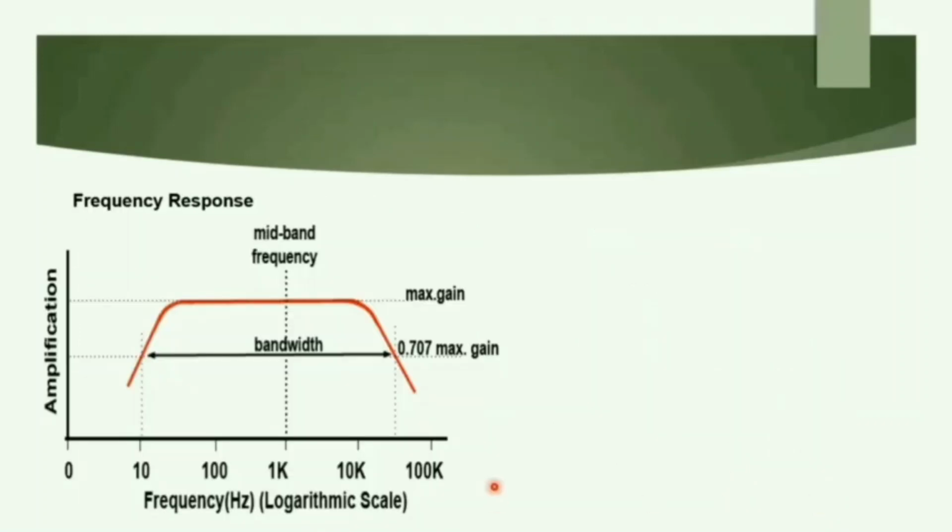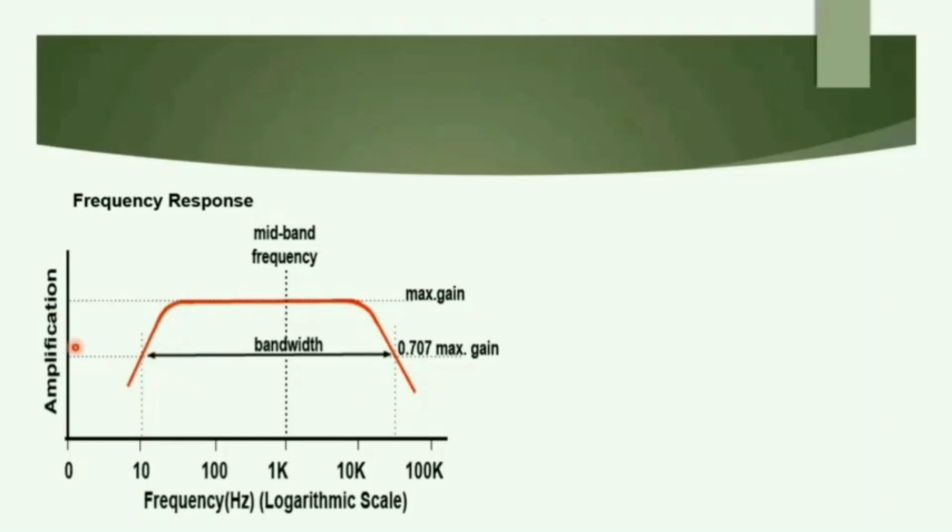This is the frequency response of single stage CE amplifier. The amplifier should deliver a constant and acceptable level of gain in the frequency range that it has been designed for. But as you can notice from this frequency response diagram, the gain is not constant. It is having a roll-off near low and high frequency region.